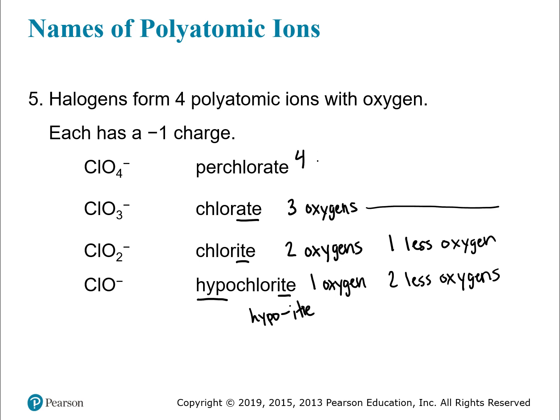You can also add more oxygen to get the per-ate form. So it's got 1 more oxygen. That's perchlorate. So it's the same thing with, say, bromine. You can have all of these different varieties.